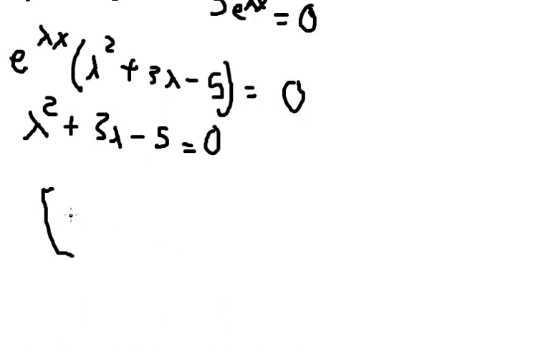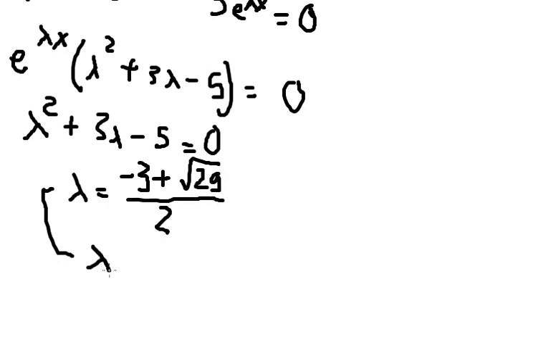We have two solutions: lambda equals negative 3 plus the square root of 29 over 2, and lambda equals negative 3 minus the square root of 29 over 2.